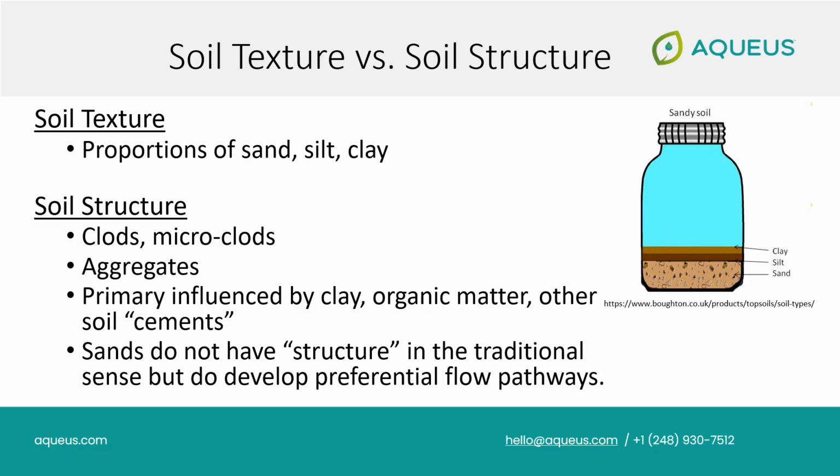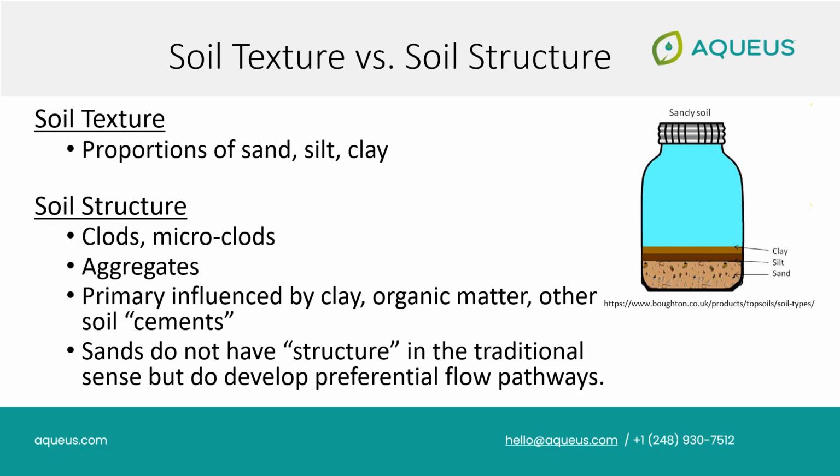If we look at sand by itself, sand does not technically have structure because it's considered single grain, right? But there is one thing to note about that. We do develop preferential flow pathways within sand. The sand particles actually will rearrange to form conduits, if you will, that have coarser sand.